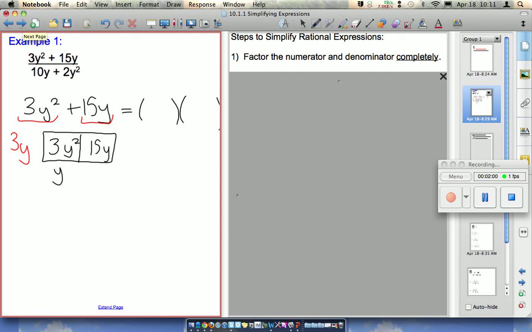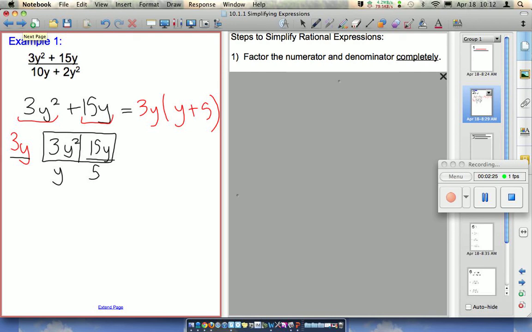And then 3y times what would give me 15y? Well, 3y times 5. So far I've factored because I can rewrite this problem as 3y times y plus 5. Think of this as the opposite of the distributive property. We're going backwards. We're undistributing 3y.